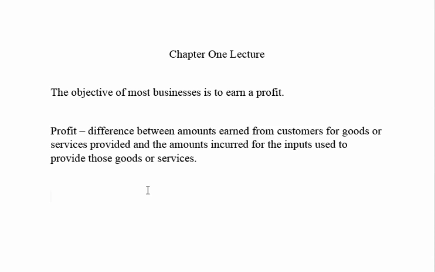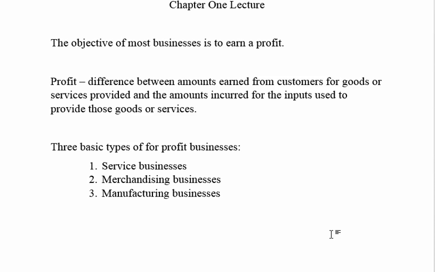Now, your text mentions three types of businesses. We have service businesses. A service business, of course, is going to provide a service for a fee. Some examples would include maybe a doctor's office. You go see the doctor, they provide that service to you for a fee.